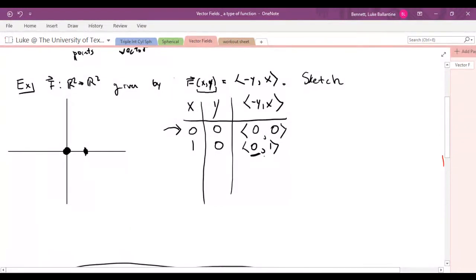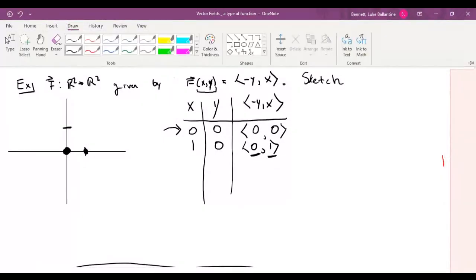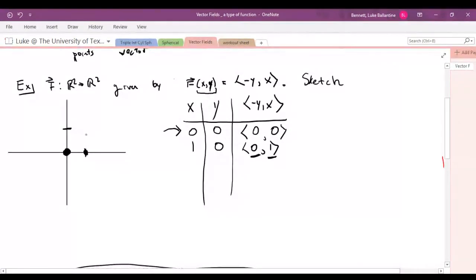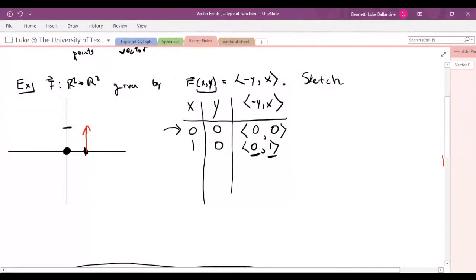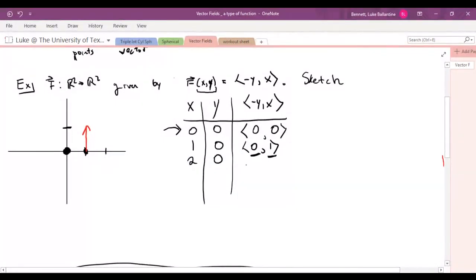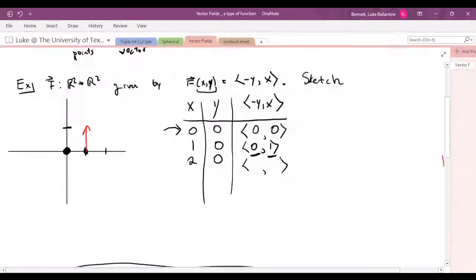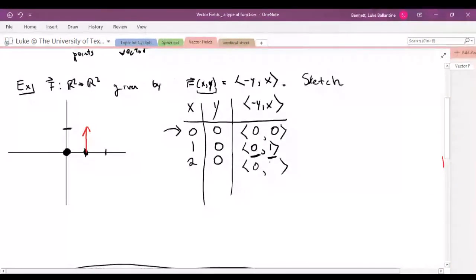So we travel 0 in the x direction and positive 1 in the y direction. Starting at this point, we have a vector going like this. What would the point 2, 0 be? You're right, 0, 2.